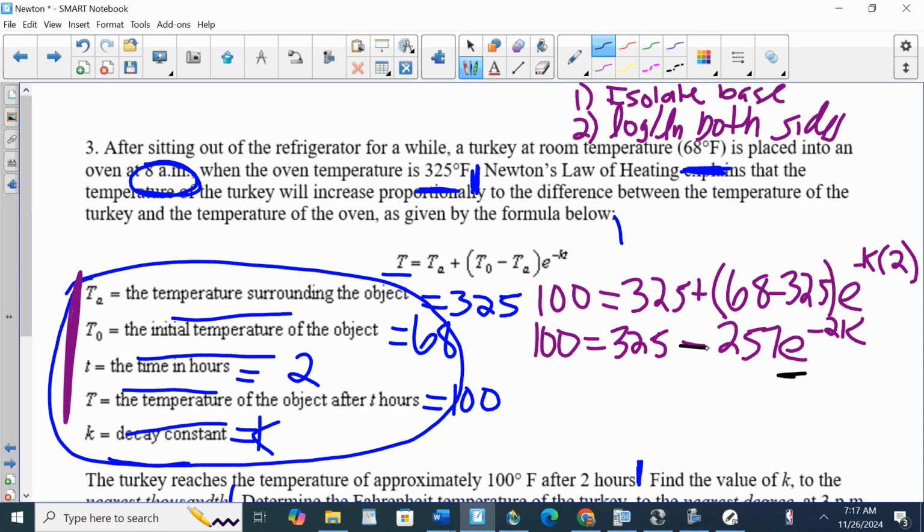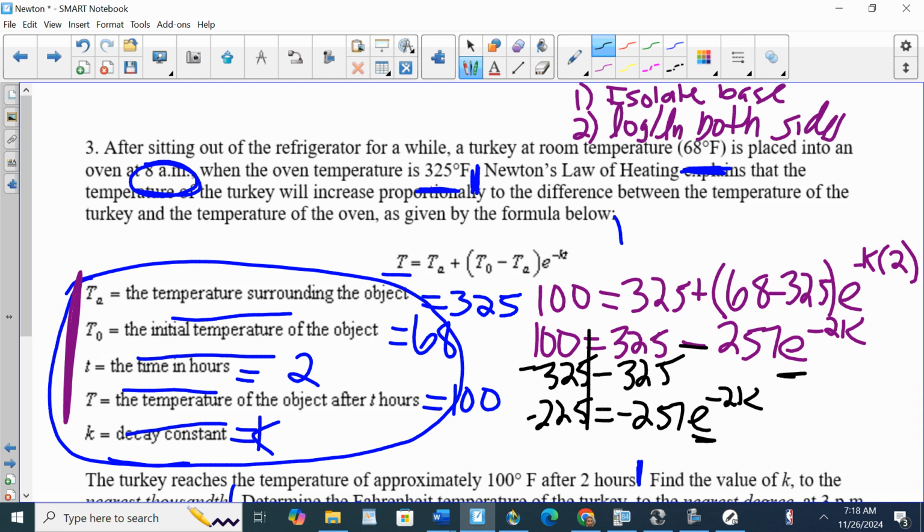I see a plus here, so I'm going to subtract 325 from both sides. That's negative 225 equals negative 257 e to the negative 2k. I'm not isolated yet because I have a negative 257 in front. I divide both sides by negative 257.